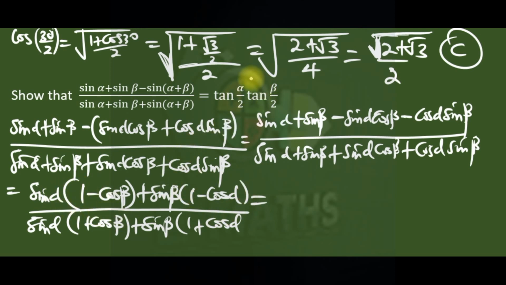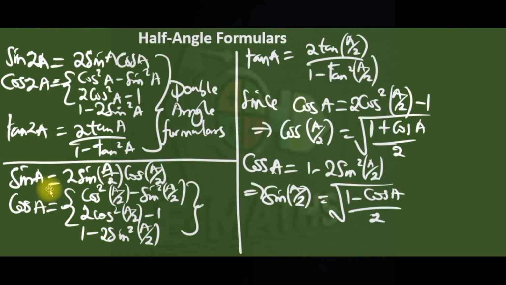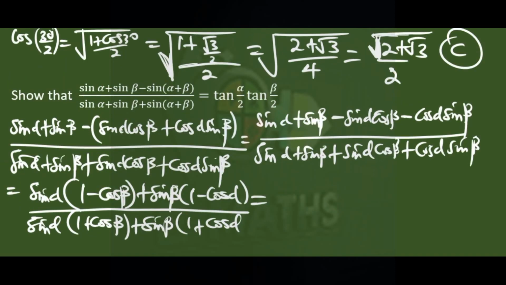Remember, we are to convert this to half angle, so we're going to use the half angle formula. For sine alpha, if you remember what I just taught, sine A can be written as 2 sine half alpha cos half alpha.